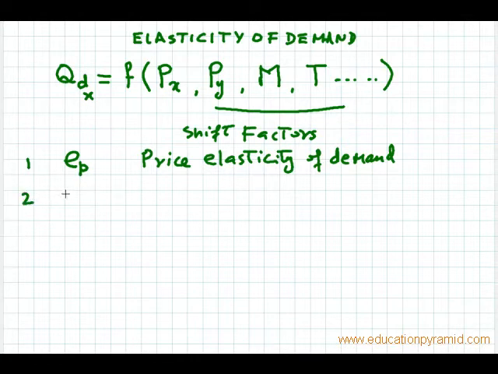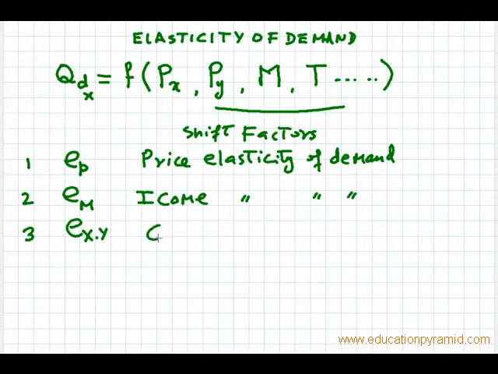Second, EM, income elasticity of demand. Number 3, EX dot Y, this is called cross elasticity of demand.